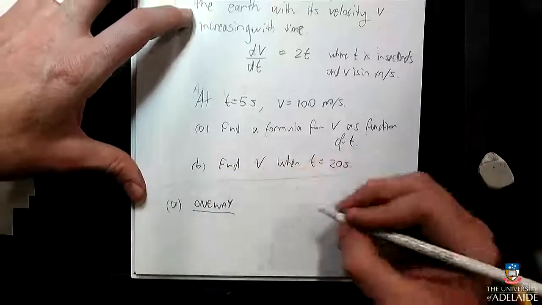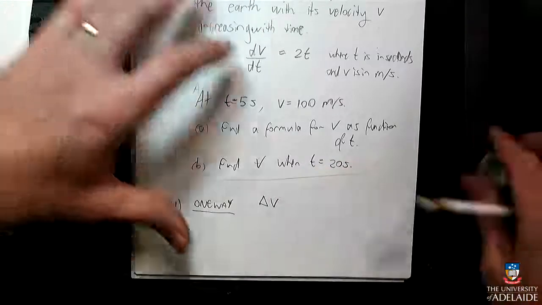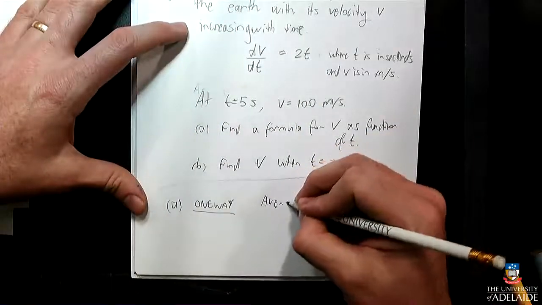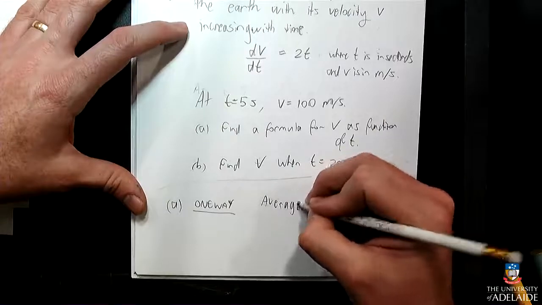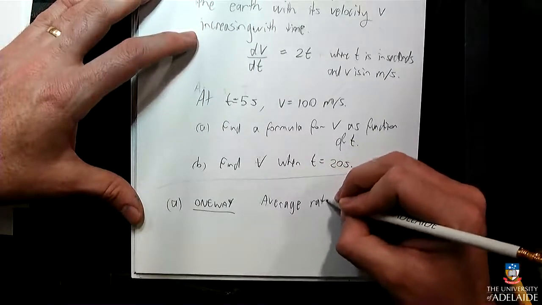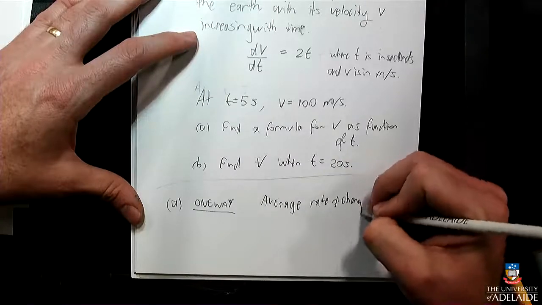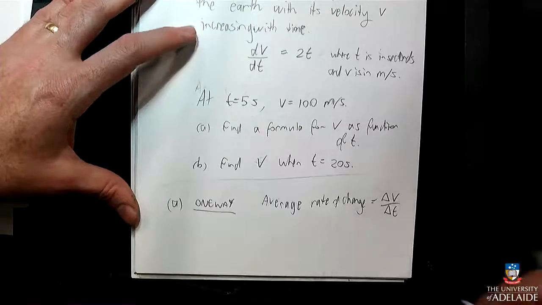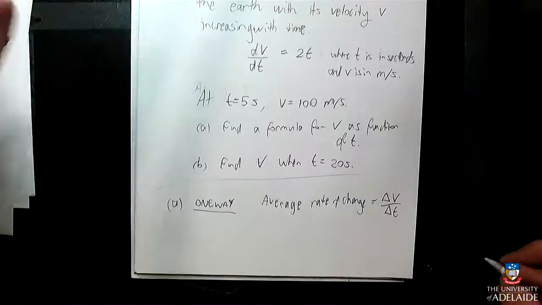One way is this: the average rate of change is the change in velocity over the change in time, which we can figure out.